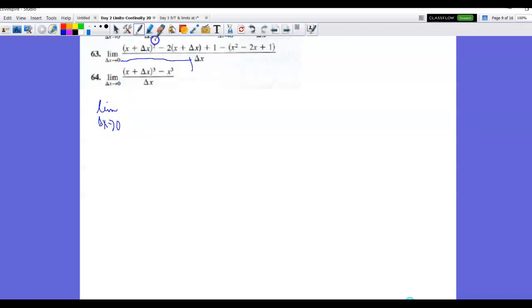And so the first term tells me to square this binomial. And it is not x squared plus delta x squared. You have to write it twice if you don't know the shortcut method of multiplying, which I hope you do. You have to multiply that out, and you will get x squared. By the way, that was a question on Jeopardy the other night. I saw it. x squared plus 2x delta x plus delta x squared.